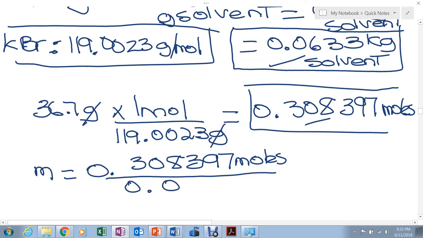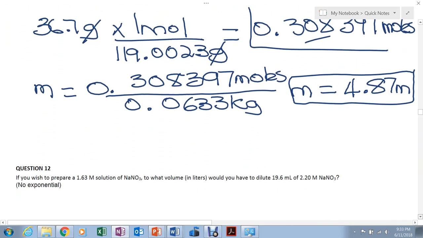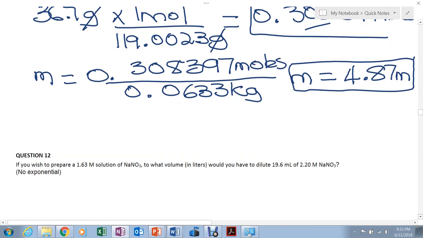I used 0.3084 divided by 0.0633 kilograms. And the molality is equal to 4.87 with 3 significant figures, m. Just remember, I always give it to you in the sig figs. Okay, so that's the answer.